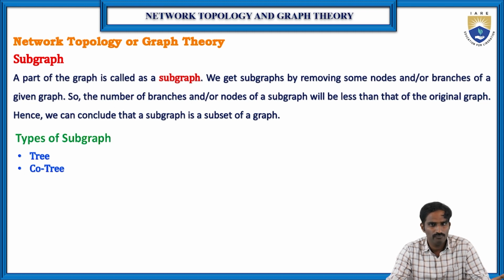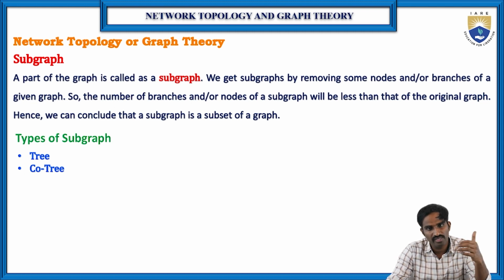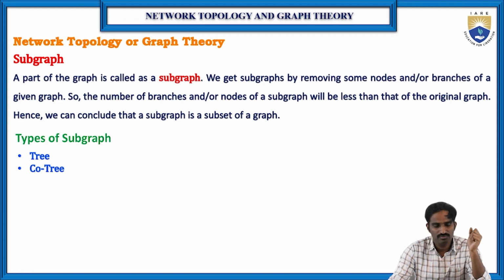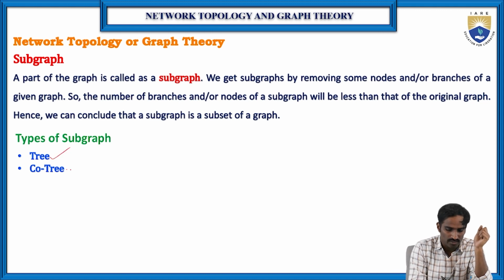As we know, we make a subgraph by removing either the branches or the nodes, or in some cases both. Which means the subgraph will always contain fewer nodes and branches than the main graph. Then, the types of subgraphs are tree and co-tree.